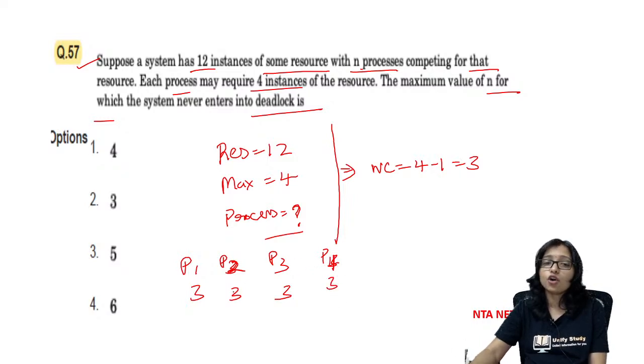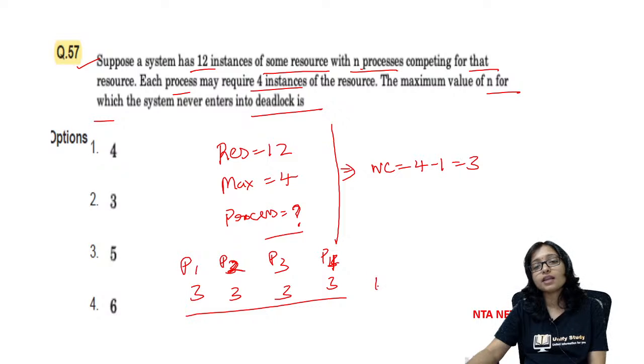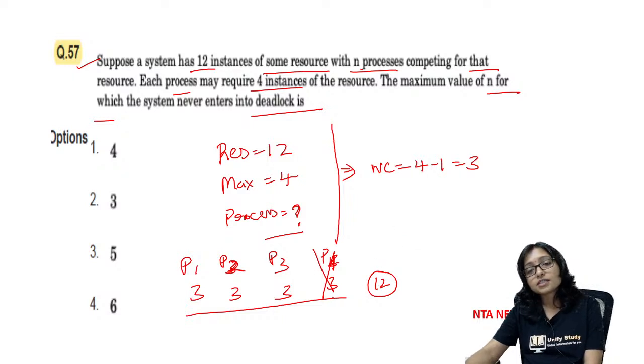No, I cannot, because after that all 12 will be used. If I give it, there will be deadlock again. So it cannot be 4. Clear your concept here. It cannot be 4, because if I give 3, 3, 3, then all 12 will be utilized.